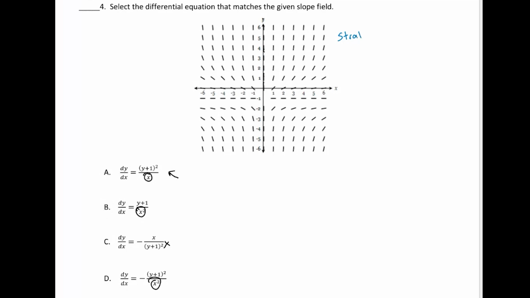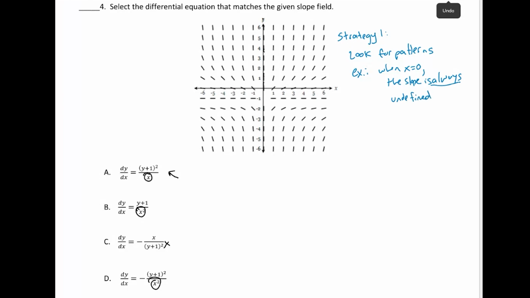I'm going to write these out. Look for patterns. For example, we see that when x is 0, the slope is always undefined.